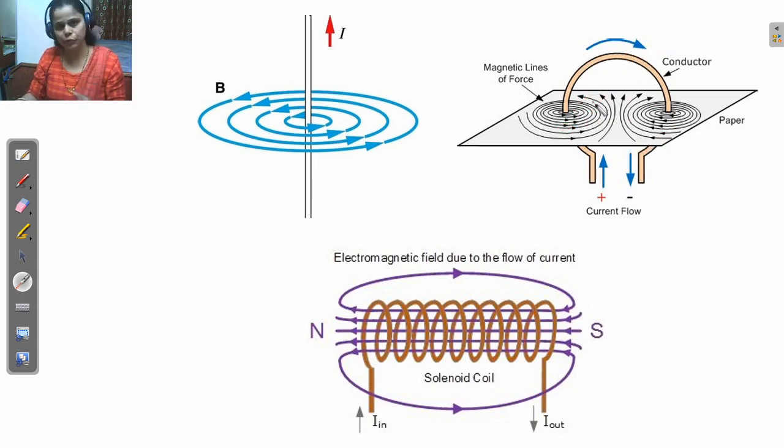If we consider this is our face and the magnetic field lines go out from this face, then this will be the north pole. But in this figure, you can see the magnetic field lines enter towards your face. So this is our south pole. Same as in the solenoid also.